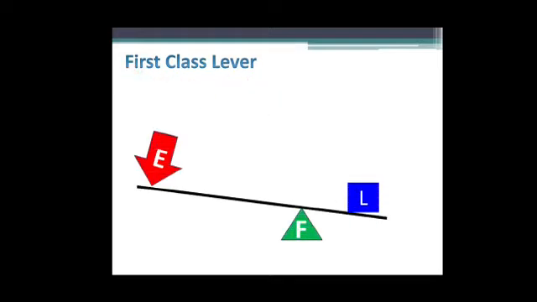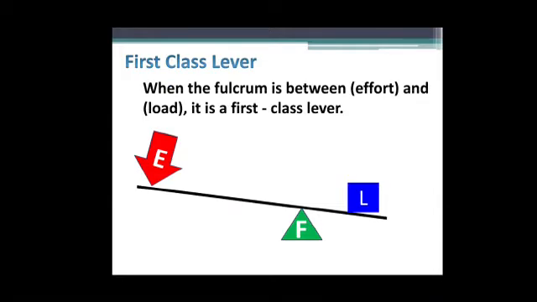Now we will see that levers are categorized in three ways: the first class lever, second class lever, and third class lever. Now we will discuss the first class lever. Dear students, in a first class lever, when the fulcrum is between the effort and load, it is a first class lever.